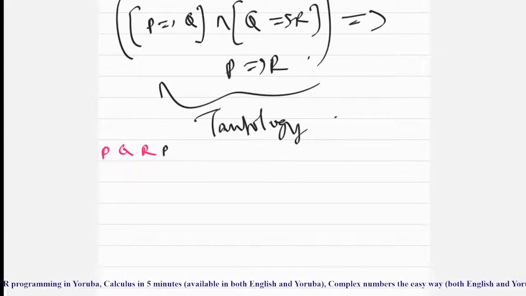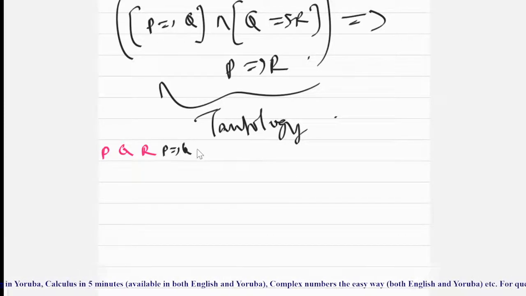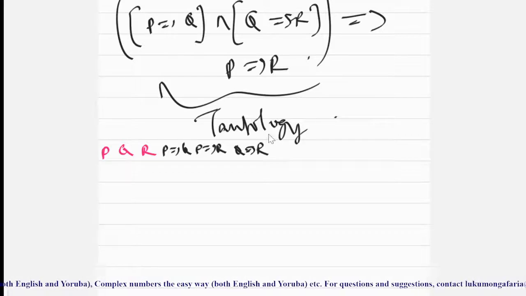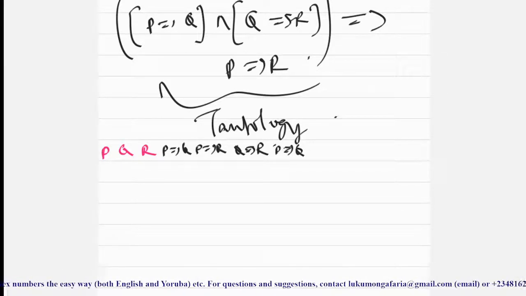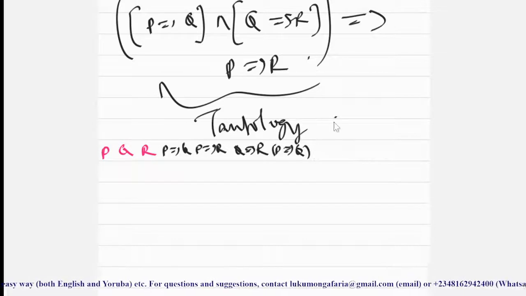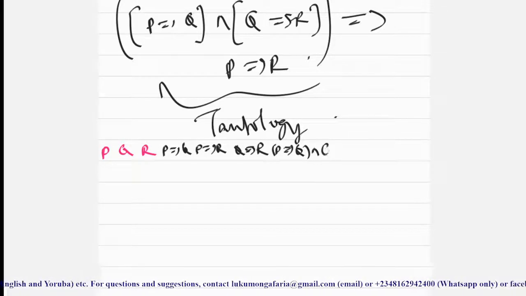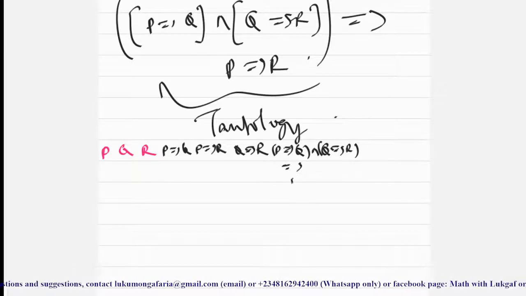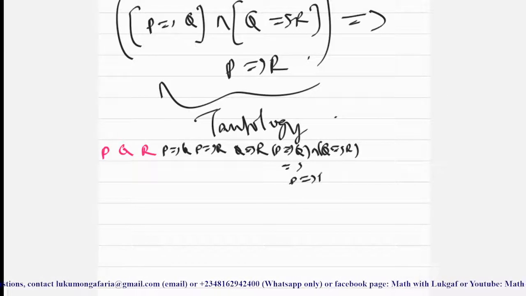Just break it down: P implies Q, P implies R, Q implies R. Then we can have P implies Q, and Q implies R, implies P implies R.